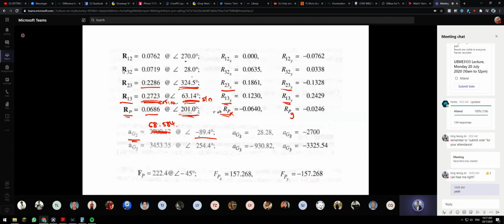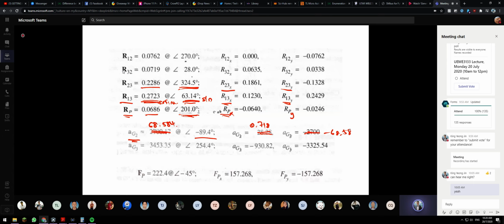So when you calculate it, we do the cos first: cos of negative 89.4 gives 0.718. Then 68.584 sine of negative 89.4, so you will get negative 68.58.